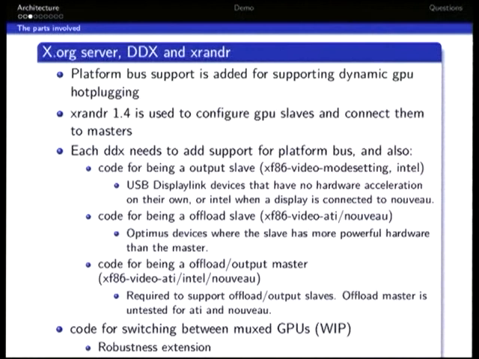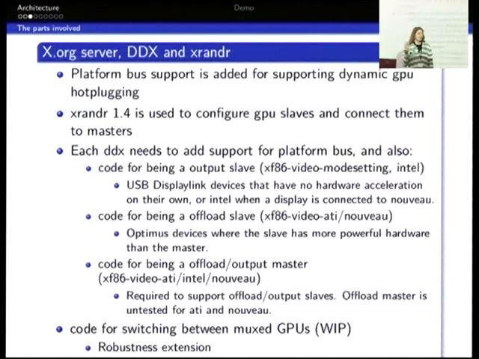For example, those USB devices don't have any logic to do GPU acceleration, but they might have some code so that you can transfer a buffer to it. And then you export a DMA buff from the Intel card and put it on your modesetting. And then you can display your rendered buffer on the USB device.